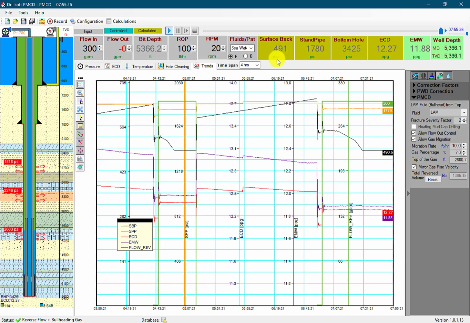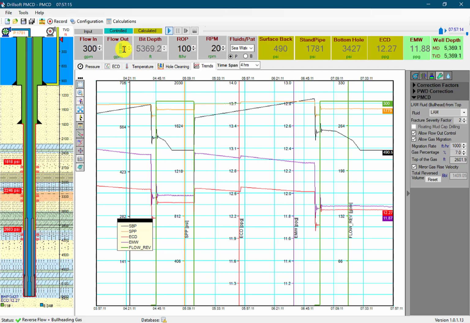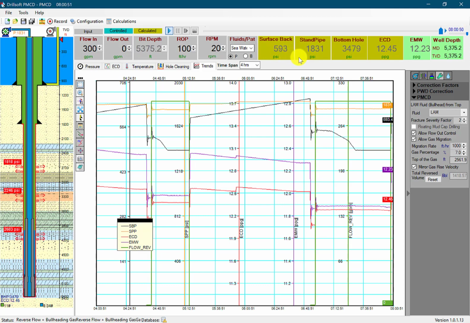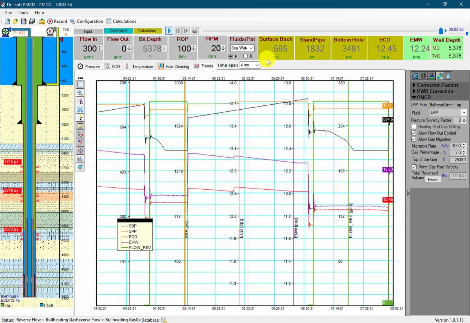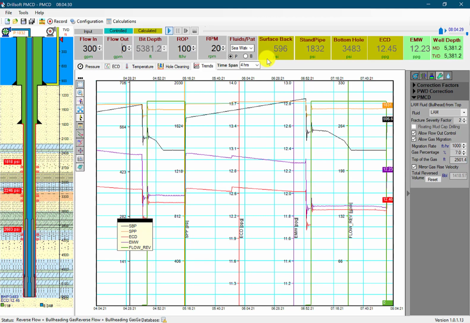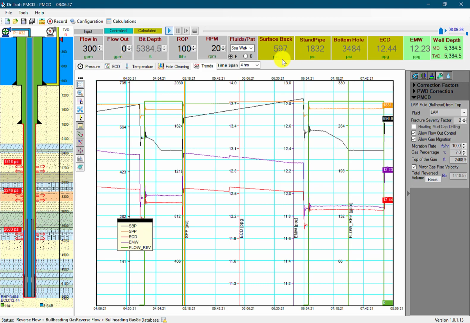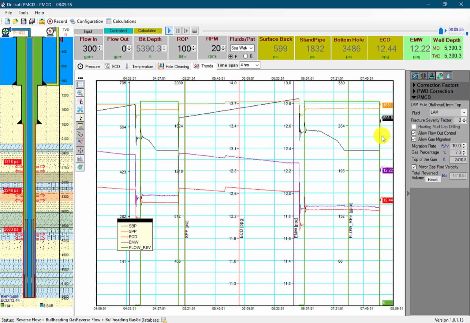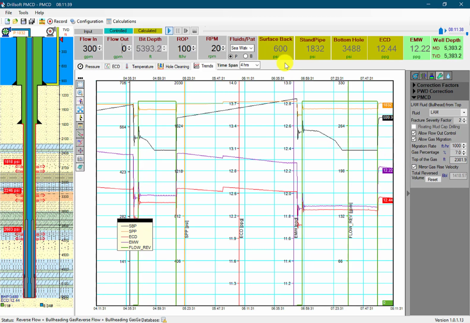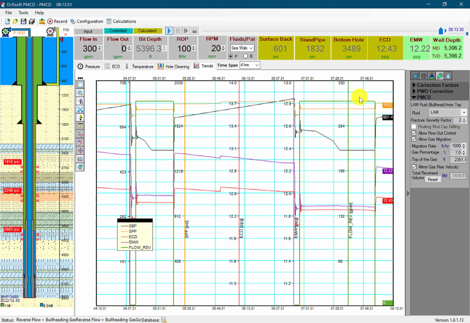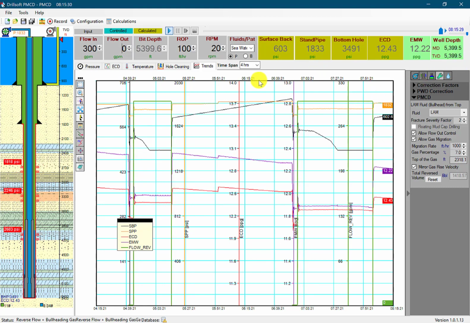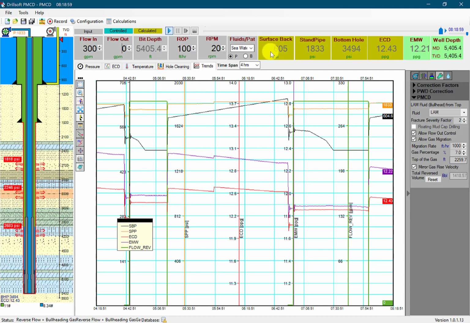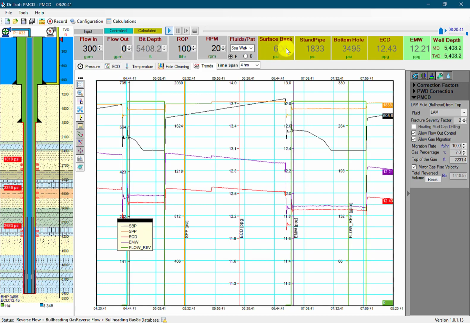Can monitor. Save mud. Let's do shorter cycles.